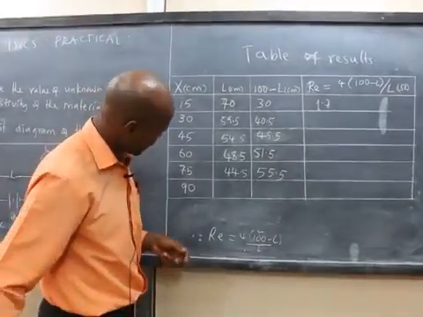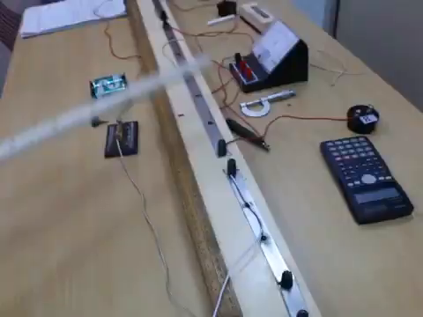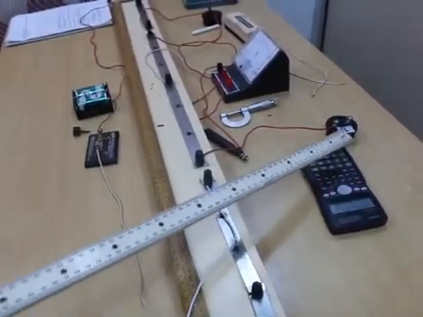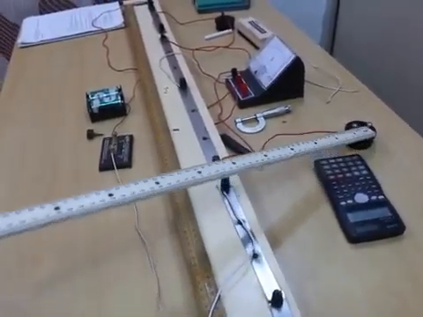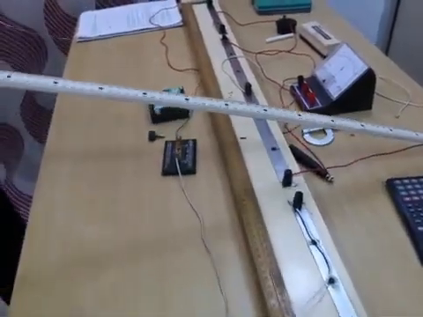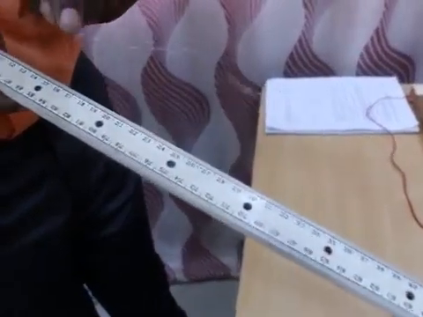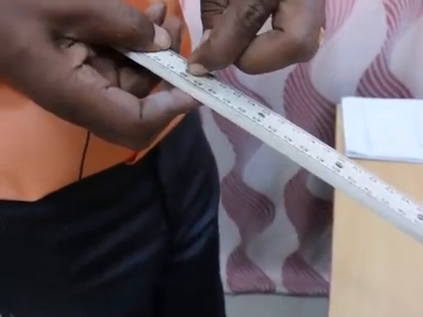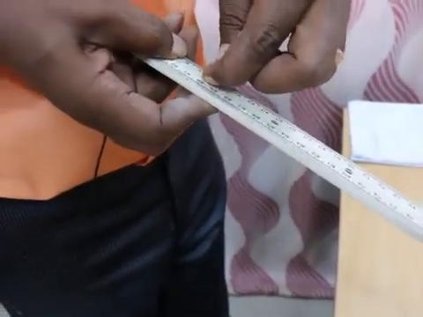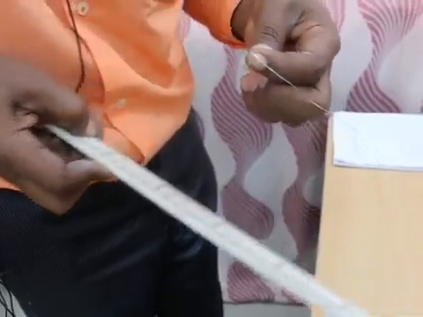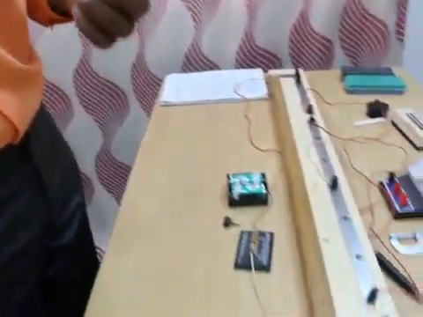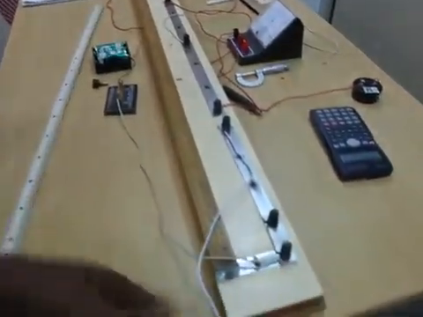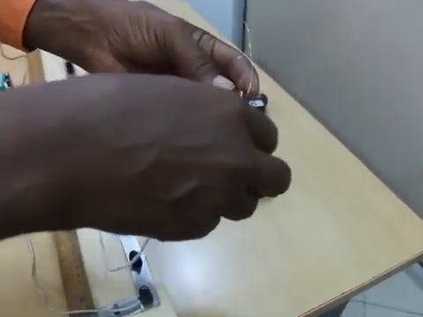That is when X is now 90 centimeter. Let me measure 90 centimeter. Almost there. Let me make a fold, and then using a crocodile clip, I'll connect this one.